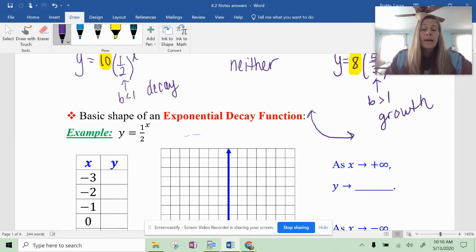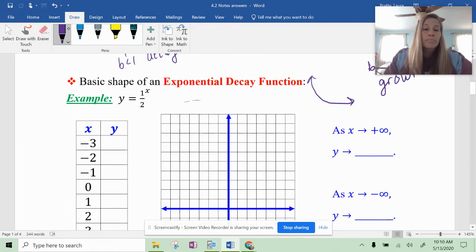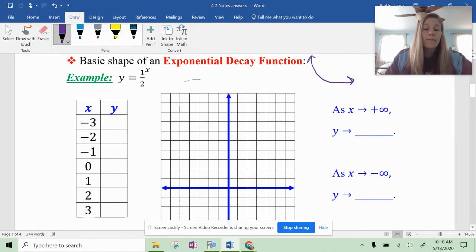So when we do this, you can use your graphing calculator, type this in, and get your chart off of your calculator. That's always an option. Or you can just plug them in your head and fill it out that way. If I were to do 1/2 to the 0 power, we know that's 1. 1/2 to the first power is 1/2. 1/2 to the second power would be 1/4.